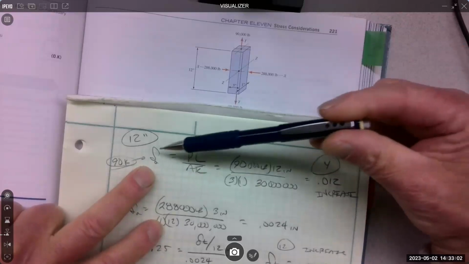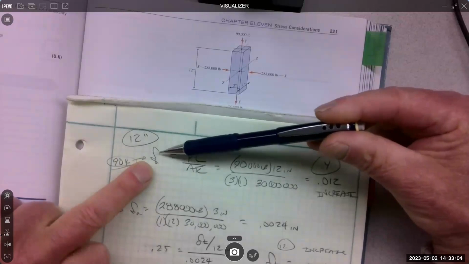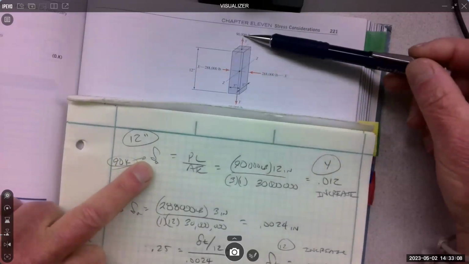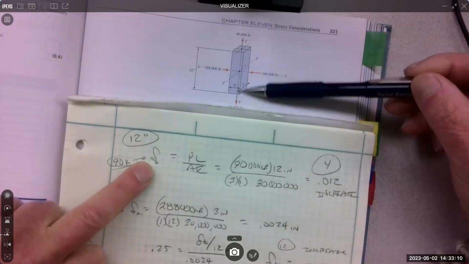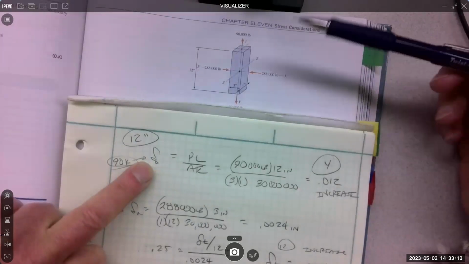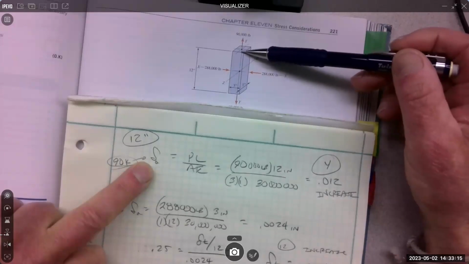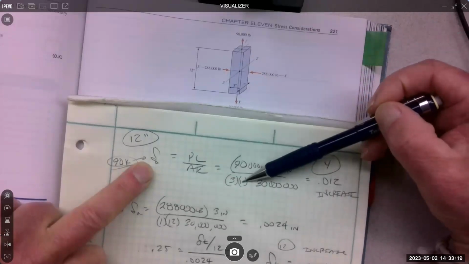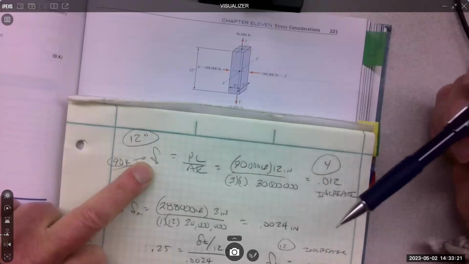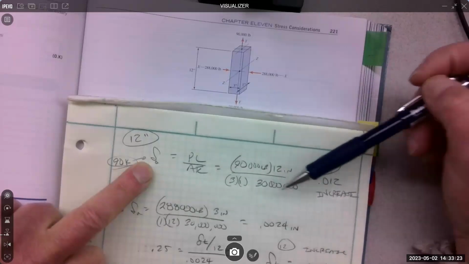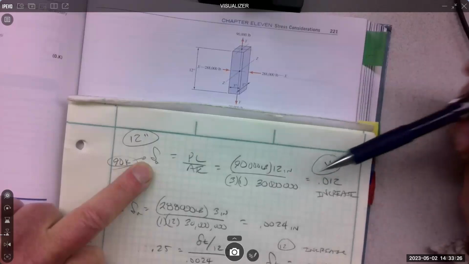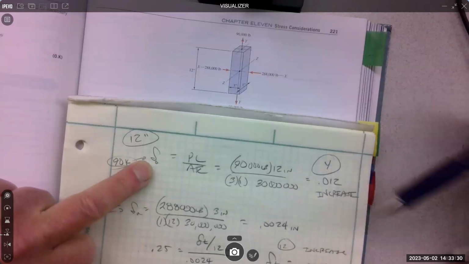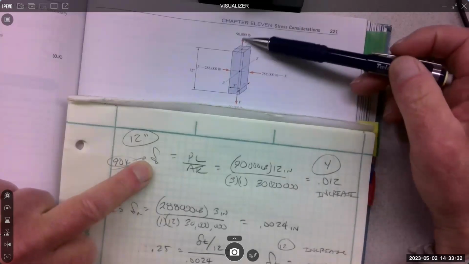The equation I use for that change is PL over AE, P being the load, 90,000, L being the stretch length of 12 inches. Then the area is this cross-sectional area, 3 times 1. And E is the modulus of elasticity for our mild steel, 30 million. That gave me 0.012 increase, stretching from the 90,000.